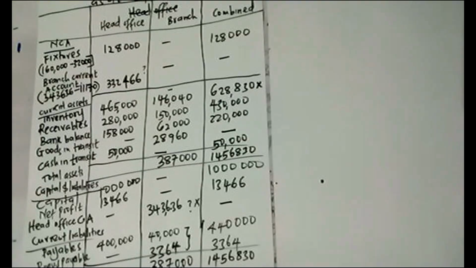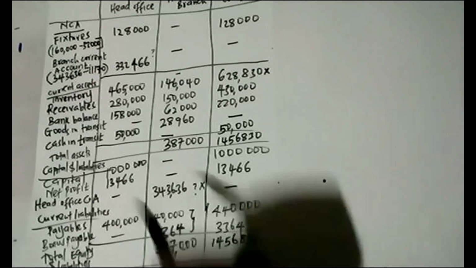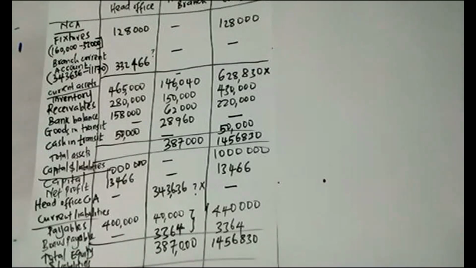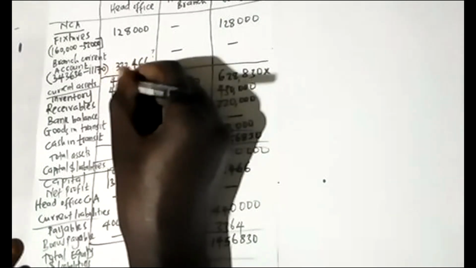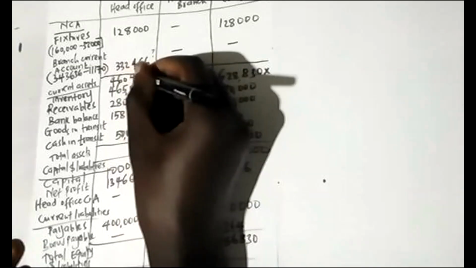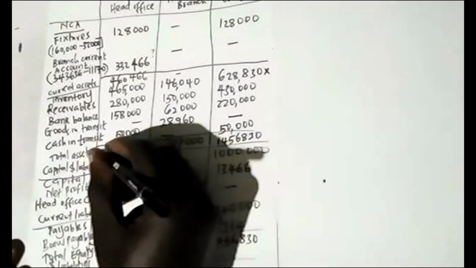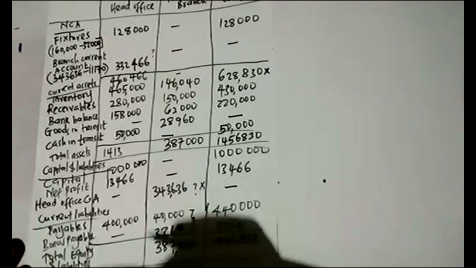So let us add. Now adding with my calculator, I will take 128,000 plus 332,466. The total I'm getting here is 1,413,466.